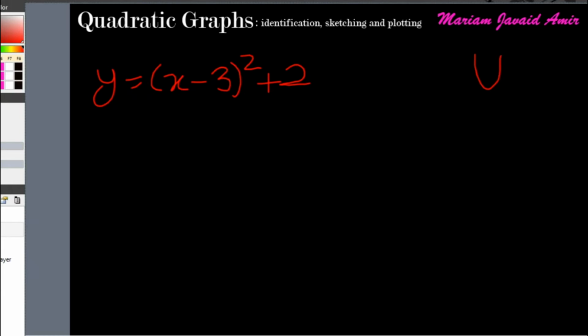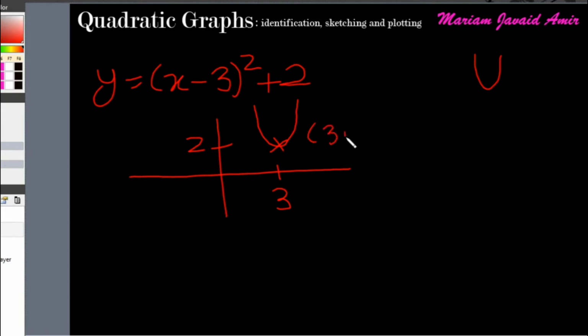Minus 3 will take the graph 3 units to the right, and plus 2 will take the graph 2 units up. So the graph would look like this. It will be passing through the point 3, 2. Alright, this point is called the turning point, but we'll study this in detail next year.